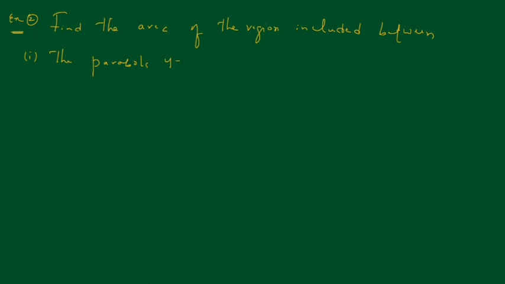Find the area of the region included between the parabola y equals 3 by 4 x square and the line 3x minus 2y plus 12 equals 0.